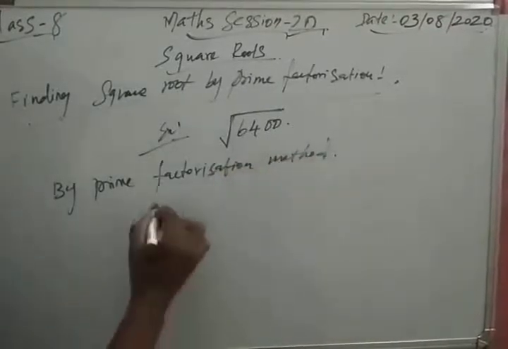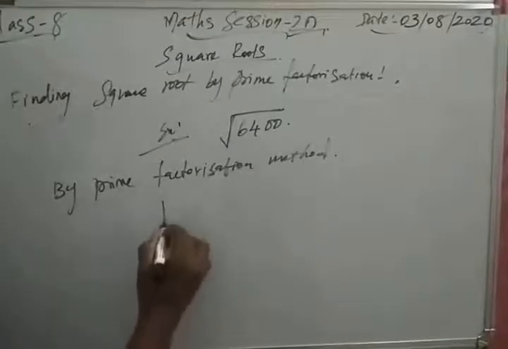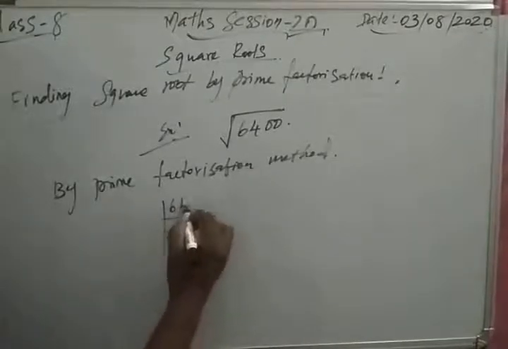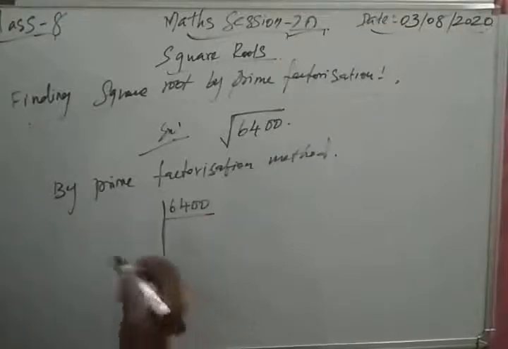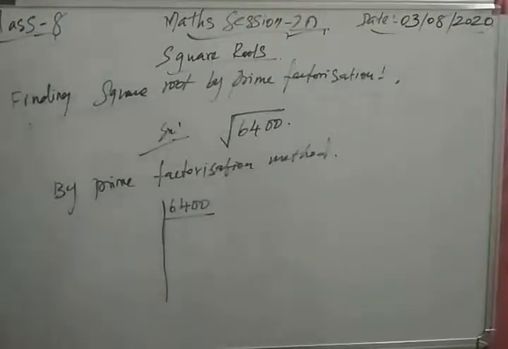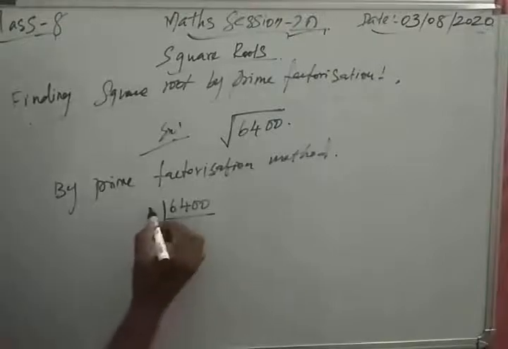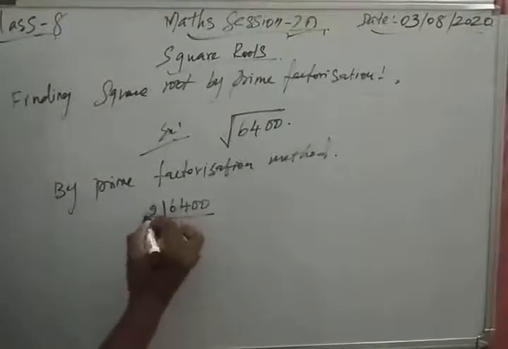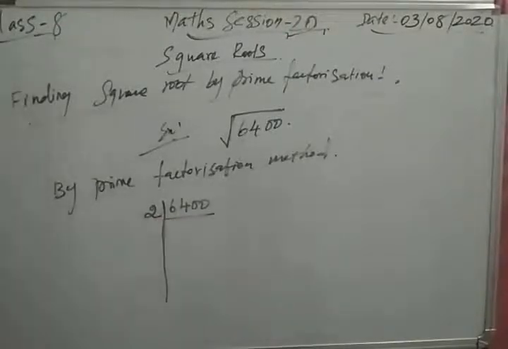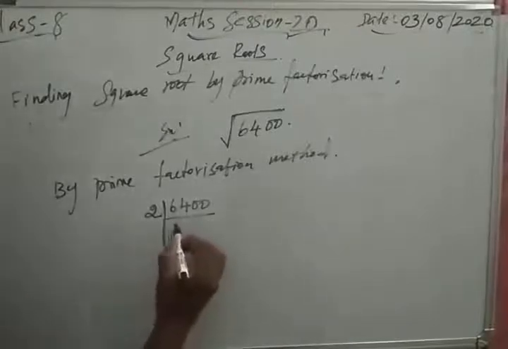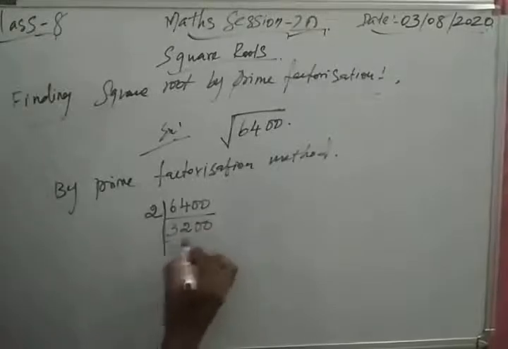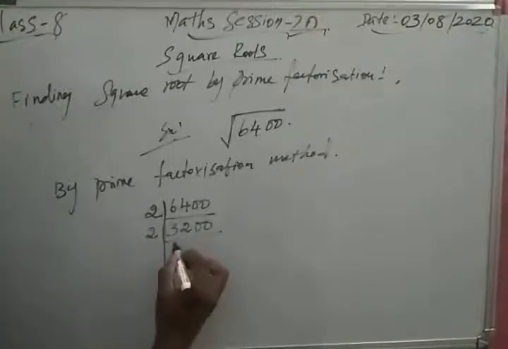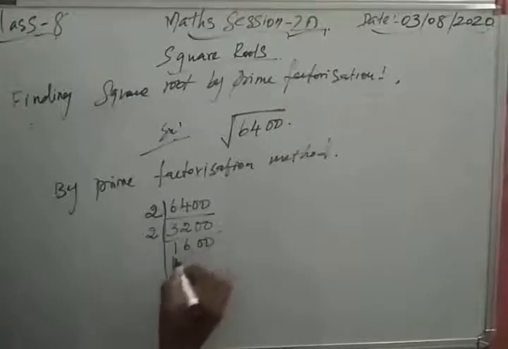What is the prime factorization method? We have to write division only, like this, 6,400. Prime factorization means we have to use only prime numbers. The first easiest one is 2. Here 3 2s are 6, 2 2s are 4, then 0 0. Again 2: 1,600.